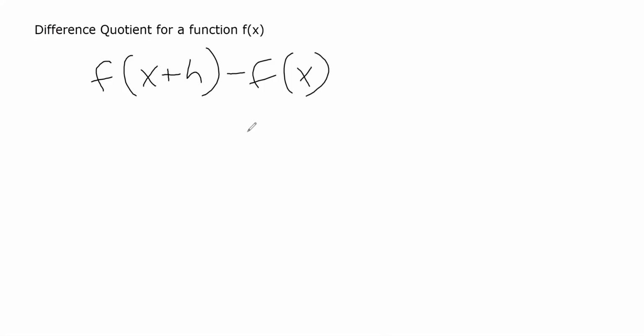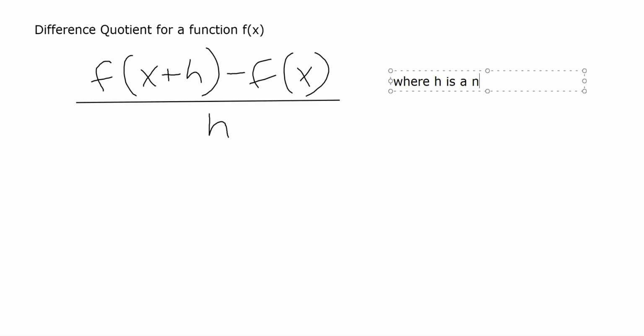So the first thing I'll do is I'll just define it. It's going to be f of x plus h minus the original f of x all over h, where h is going to be a new variable that we're going to introduce, but we're not going to do much with it.